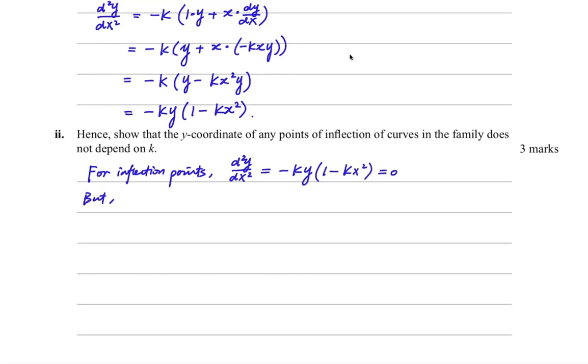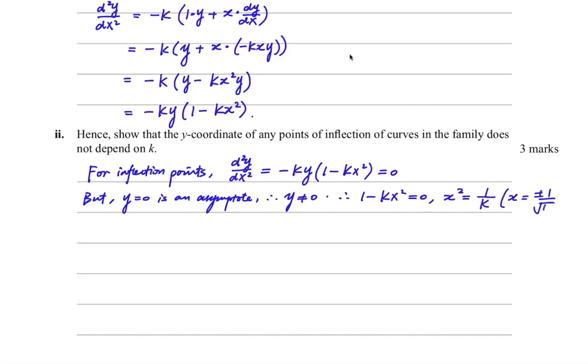But y equals 0 is an asymptote. So y cannot be 0. Therefore, 1 minus kx squared equals 0, x squared equals 1 over k, or x equals plus or minus 1 over root k.